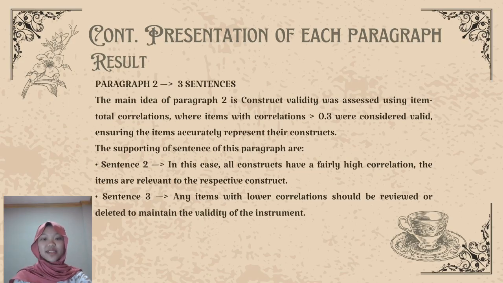The supporting sentences of this paragraph are: sentence 2 contains, in this case, all constructs have a fairly high correlation. The items are relevant to their respective constructs. In sentence 3 contains, any item with lower correlation should be reviewed or deleted to maintain the validity of the instrument.